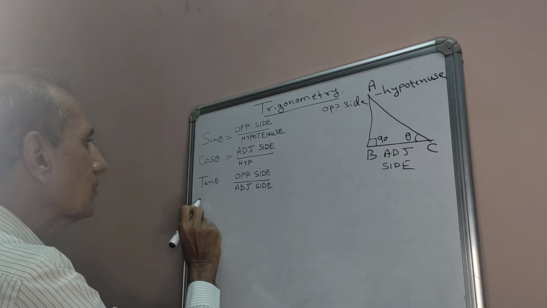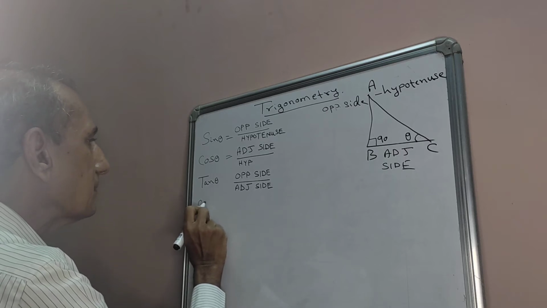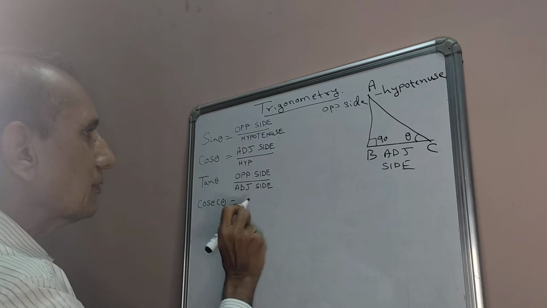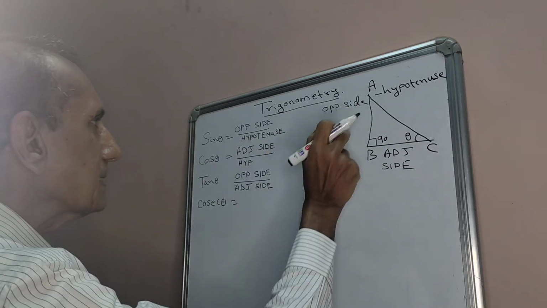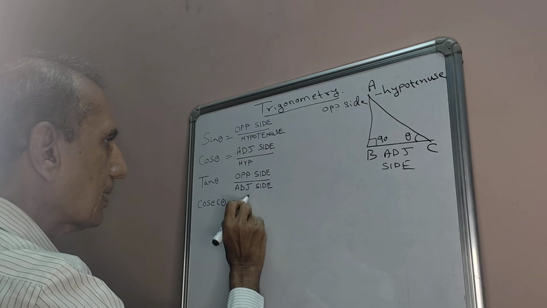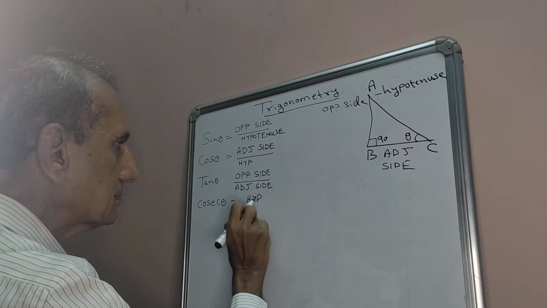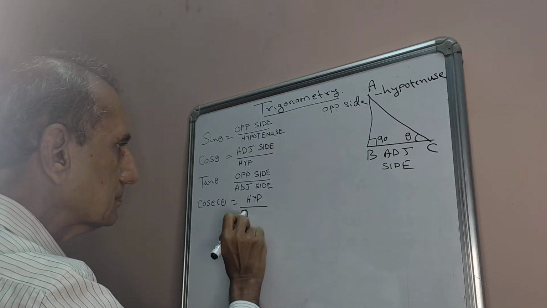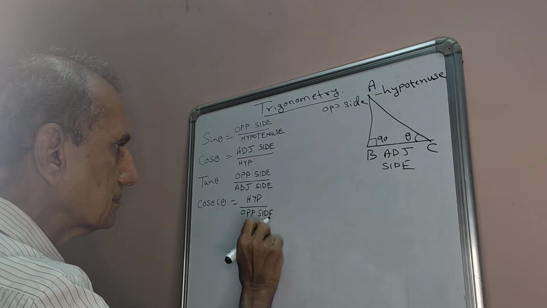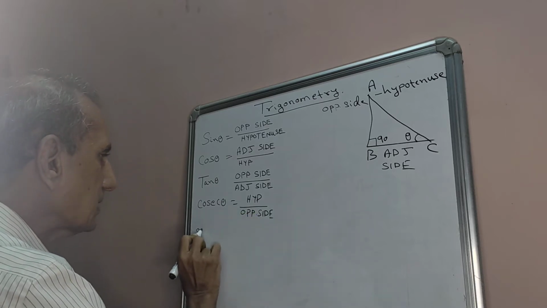Next will be cosecant theta, the opposite of sine, 1 by sine. So hypotenuse by opposite side. Next will be secant theta.